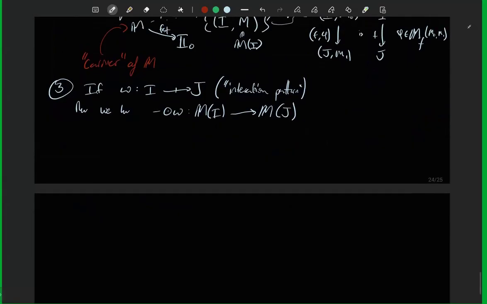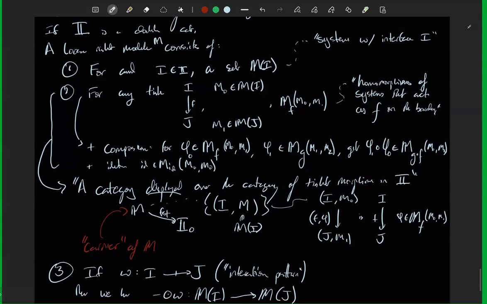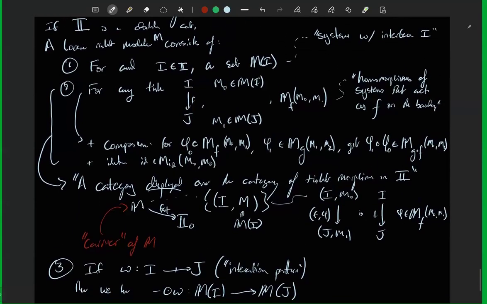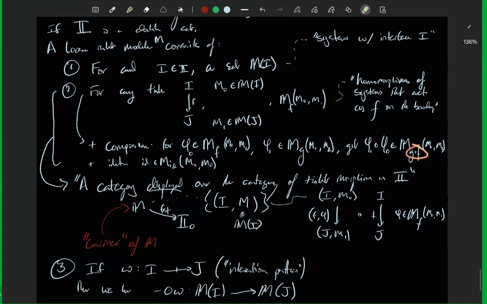Oh, one thing I'll note, maybe it's worth noting. One thing to note here is that if I look, every one of these MIs I said was a set, but in fact, we could actually consider it to be a category because we can always take F here to be the identity. And if you look at this composite rule here, right? If I take phi naught in MF and phi 1 in MG, I get a composite in MG after F. So if both F and G are the identity, then G after F is still the identity.